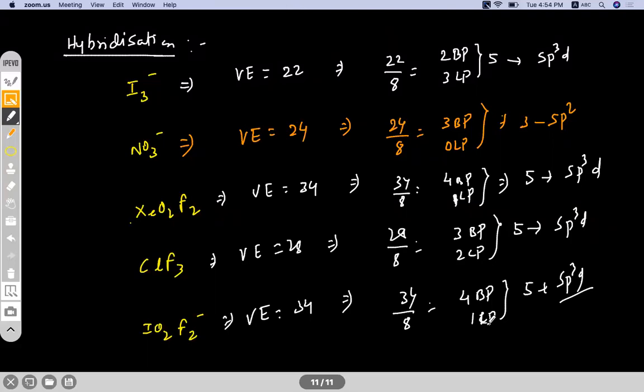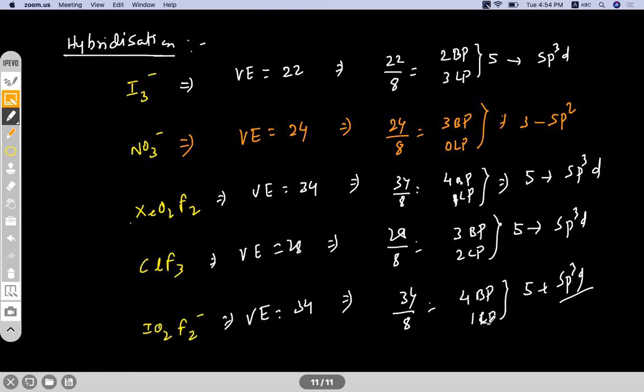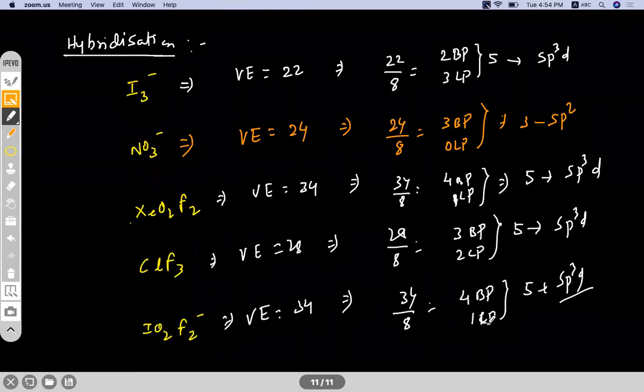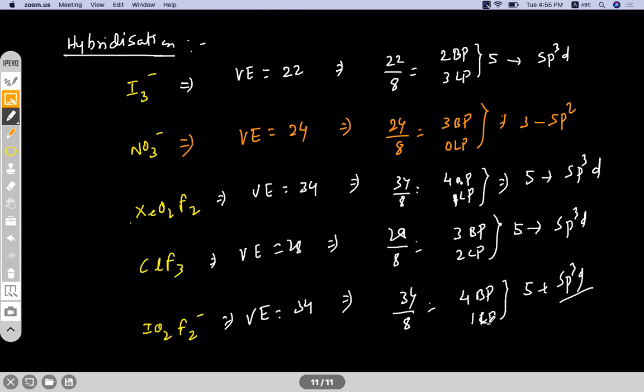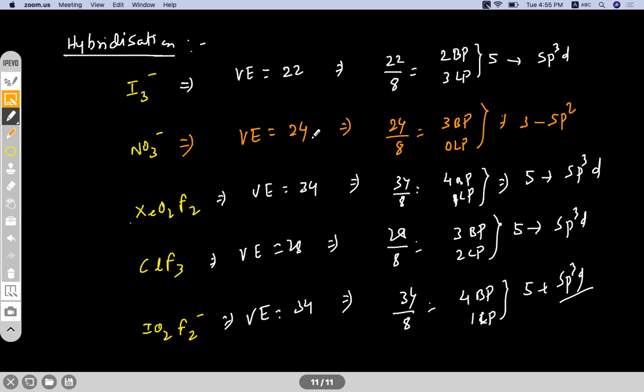Second one, NO3 minus. So nitrogen has 5 electrons, oxygen has 6, right? 6 into 3, 18 plus 5, 23. And since negative charge is there, 23 plus 1, 24. 24 divided by 8 is 3 bond pair and 0 lone pair. Steric number is 3, hybridization sp2.